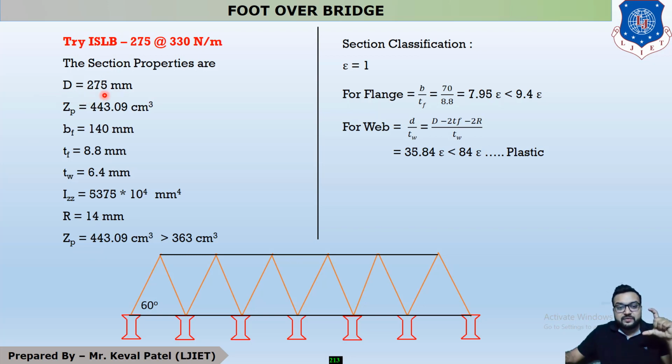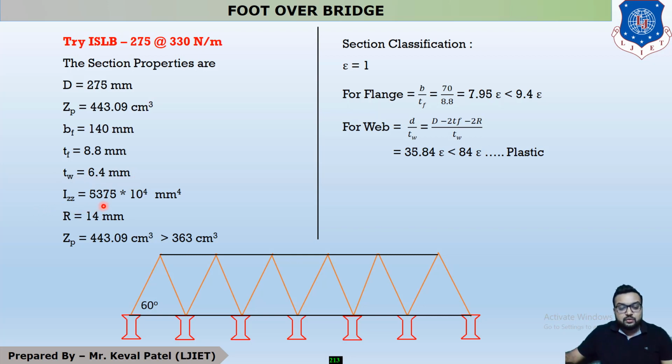It is equal to 275 mm. ZP is 443.09 cm cube. BF means width of flange. It is equal to 140 mm. TF is equal to 8.8 mm. TW is equal to 6.4 mm.